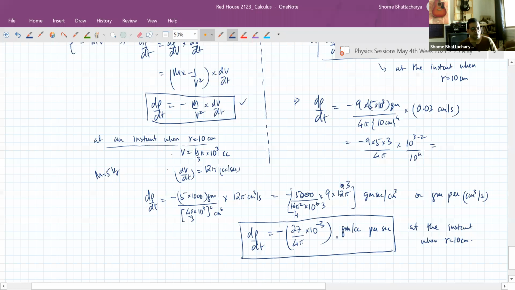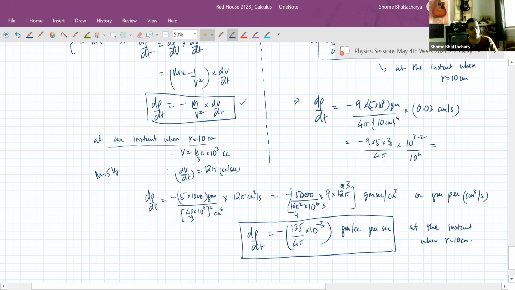Getting something different, no? Oh, I think I missed out the 5 here. So in the numerator it is 27 into 5. That's how much now? 135.